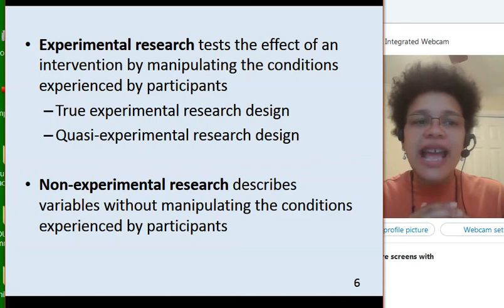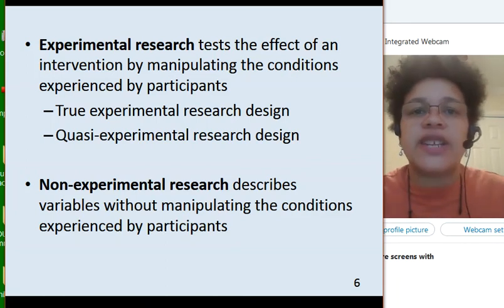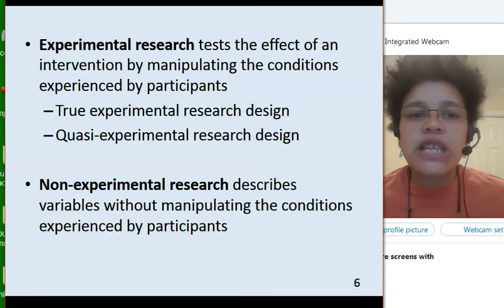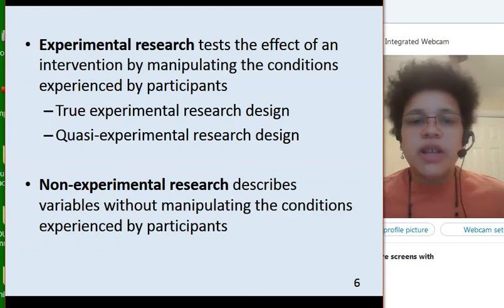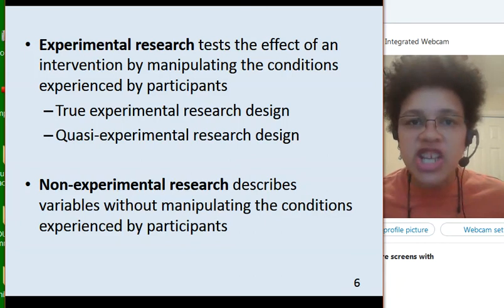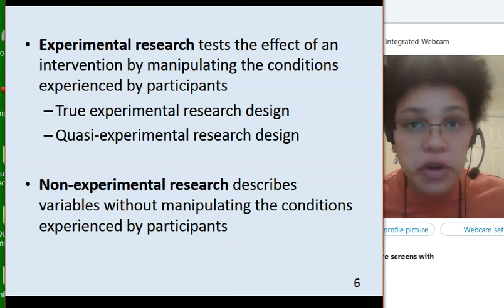For experimental research, basically we're testing the effect of an intervention by manipulating the conditions experienced by the participants. In terms of education, maybe we're testing the effect of using a different curriculum, for example.